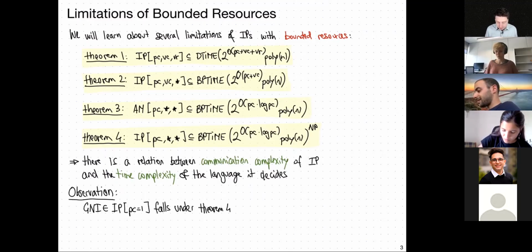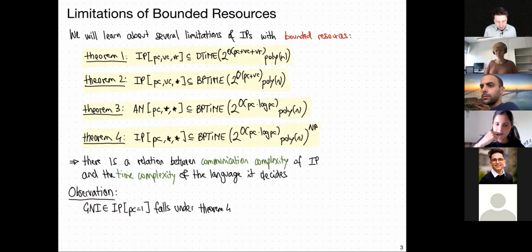So, for example, let's see. GNI is a language that we've seen had a private coin protocol, right? There was this random bit b that was not revealed to the prover, and the prover was asked to guess it.